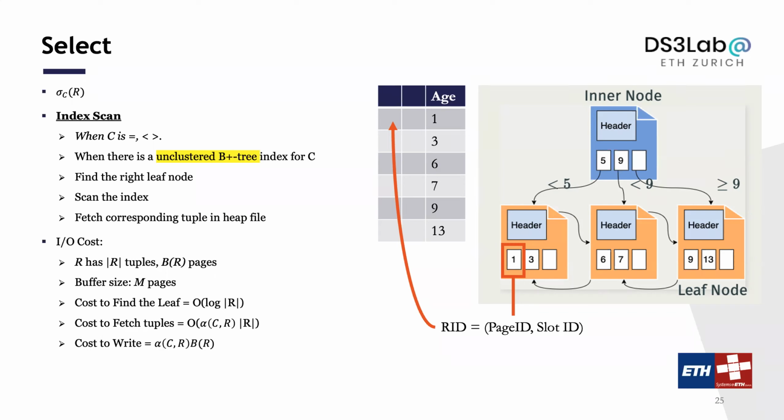Again, the amount of time you need to write down the result equals alpha times BR. The total cost looks like this: the first term, log R, is the time you need to find the right leaf node, the second term is the time you need to fetch the actual tuples, and the third term is the time you need to write down the output.